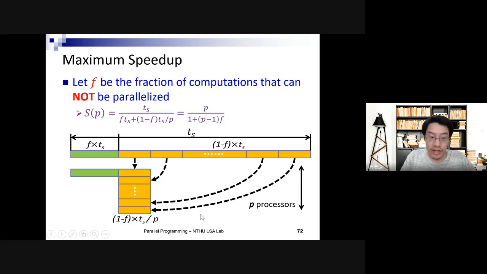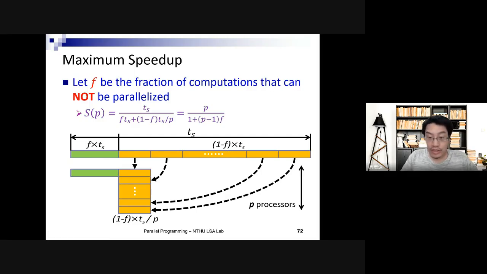Then you can see that for a parallel program, F times TS is the part that, after we run it in parallel, still has to run in a sequential way. And the rest of the part, (1 minus F) times TS, supposedly can be perfectly parallelized.